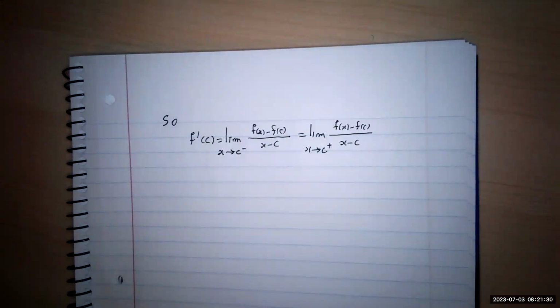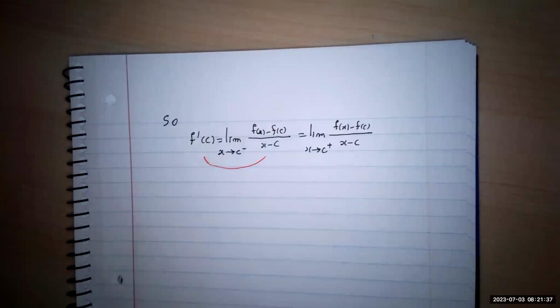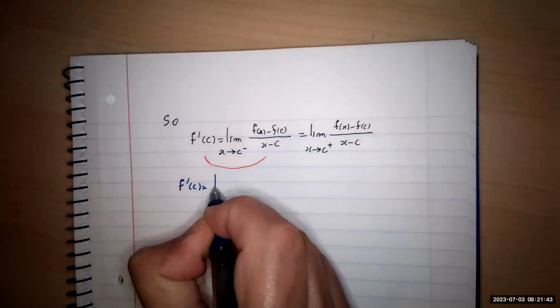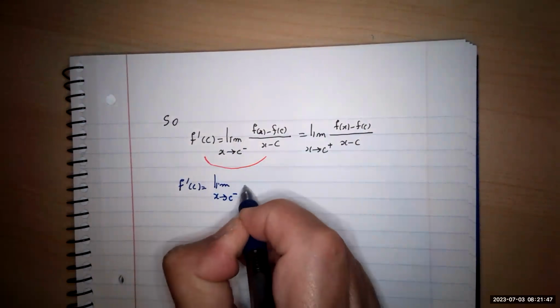Look at this one. So I take them one by one. Take this one. So you have f prime of C equal to the limit as x goes to C negative.